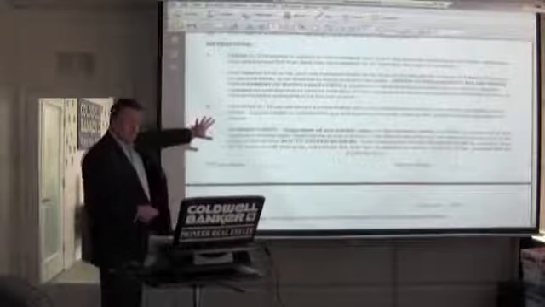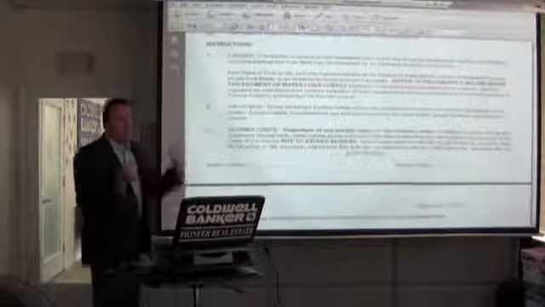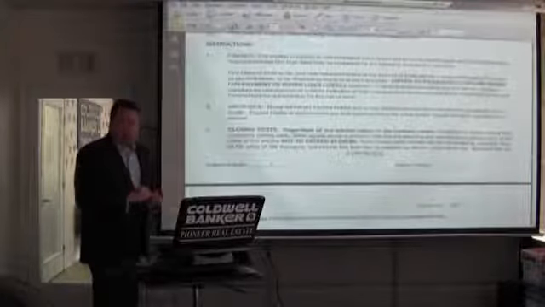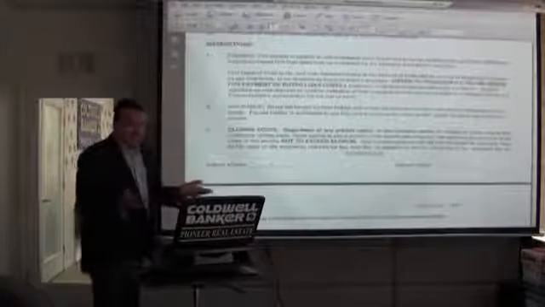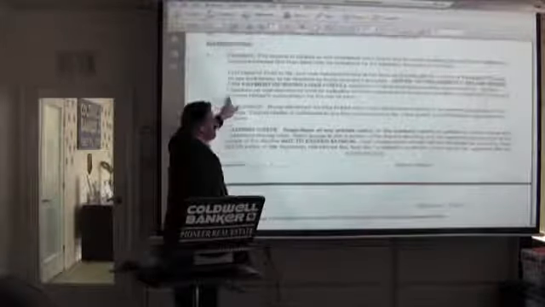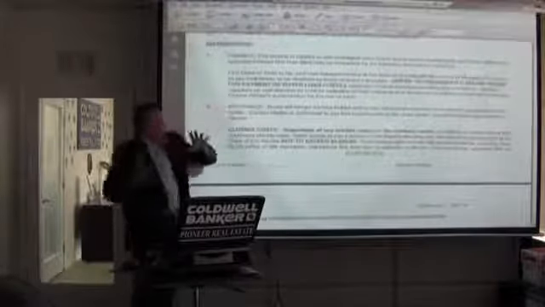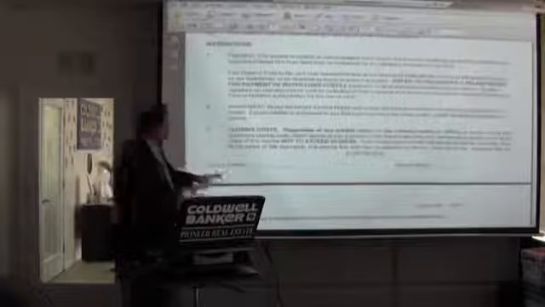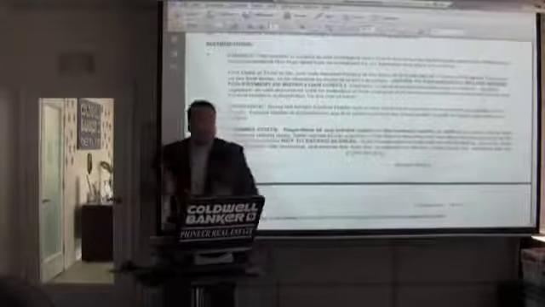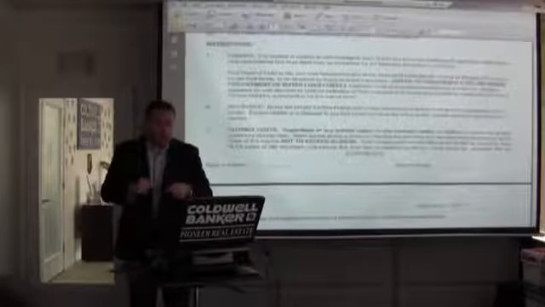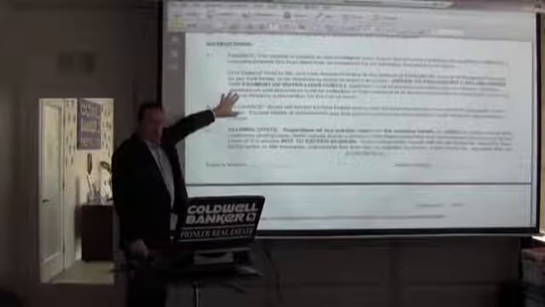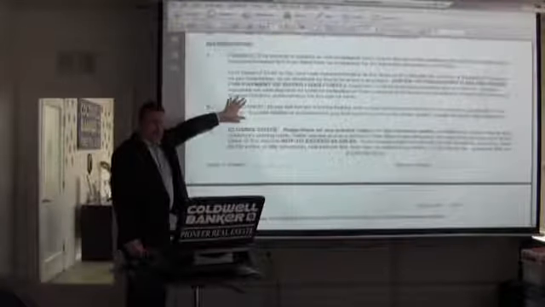Or maybe escrow misread it, which happens all the time. It's another reason why you have to read these things. Escrows, they're fallible just like we are. They made a mistake. They got the wrong language in here. So this is telling escrow, and remember, these are instructions to be signed by seller and by buyer, instructing escrow on what to do. One of escrow's instructions currently is that this guy has to be able to obtain a loan from Blue Point.